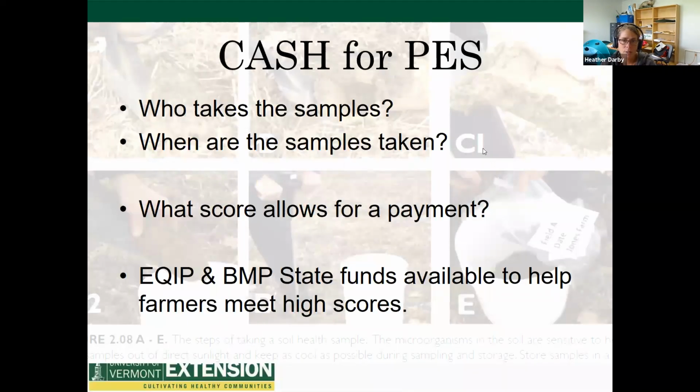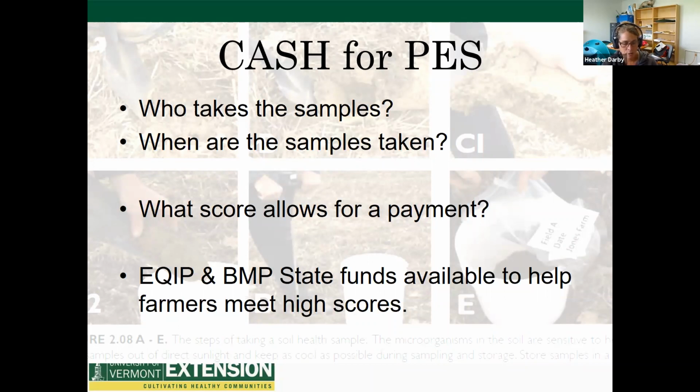Okay, so some of the questions we need to think about if this was going to be used in a PES model. I think the big ones are, the simple ones more so than the big ones. Who takes the samples and when are the samples taken? So again, this reproducibility that I talked about, these are minor things that need to be addressed. Some of the more major components would be what score allows for a payment.